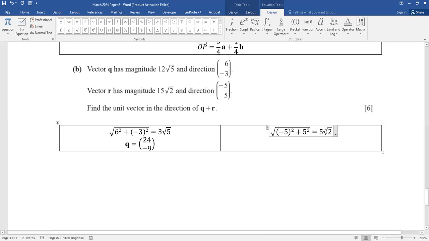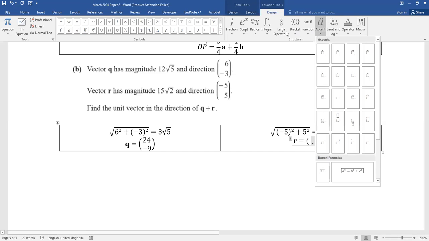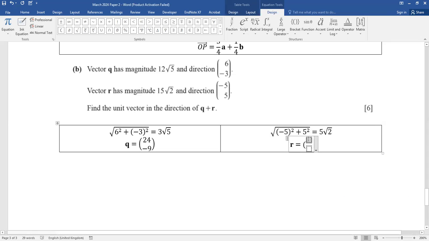Now I can simply see that this vector is being multiplied by 3. So for vector r, I'll simply multiply the vector by 3. Another way is also through the unit vector, which is very common and you can easily find it even in the marking schemes. So multiplying this by 3, this is the vector that I end up getting.